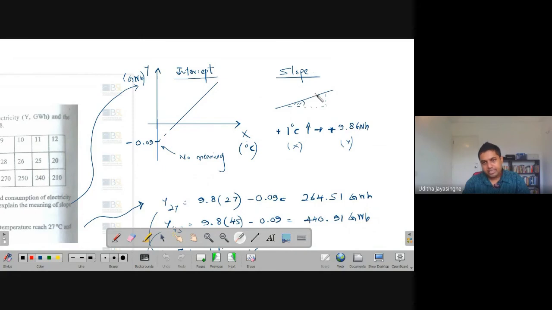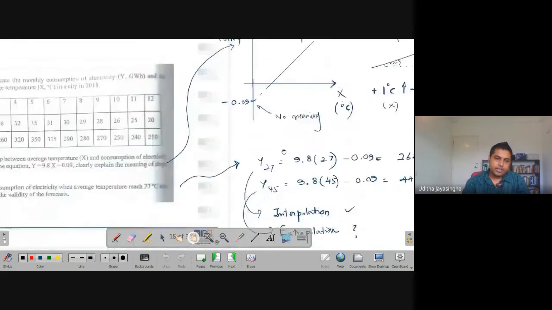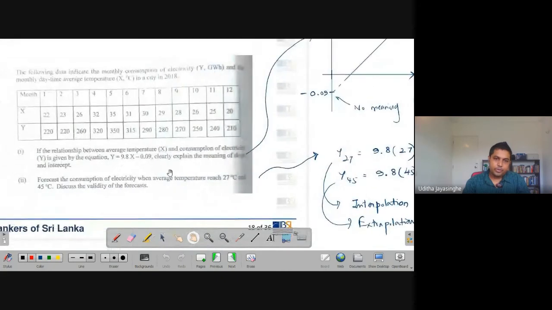If you increase or decrease by 1 degree Celsius, then the consumption will increase or decrease by 9.8 gigawatt hours per degree Celsius. That's the meaning of the line. You increase x by 1, y will increase or decrease by 9.8. That's the idea of the line.